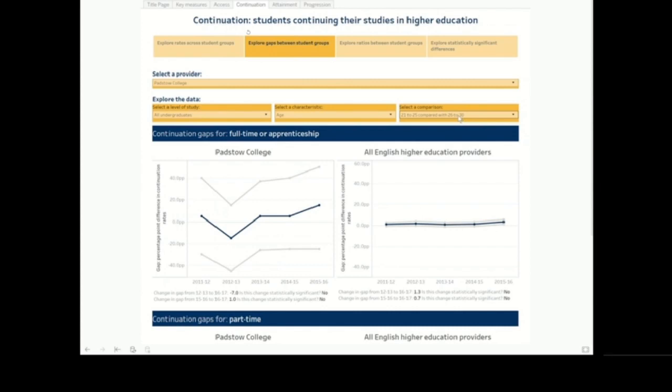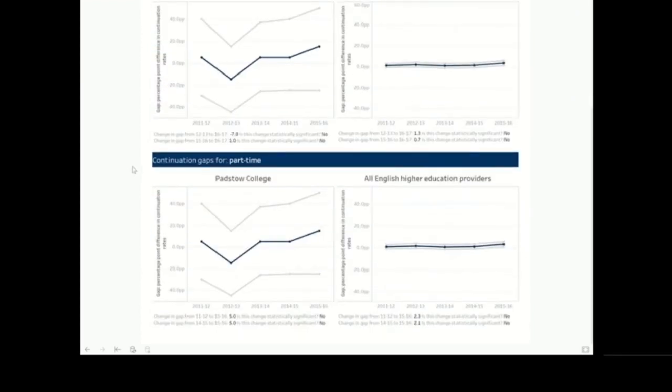The initial selection compares continuation rates between 21 to 25-year-olds and 26 to 30-year-olds. As before with the rates pages, we have charts below displayed for the selected provider on the left and the aggregated picture for the sector as a whole on the right. Gaps in continuation rates are displayed at the top of the screen for full-time students and at the bottom of the screen for part-time students.